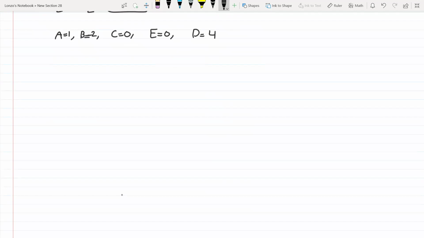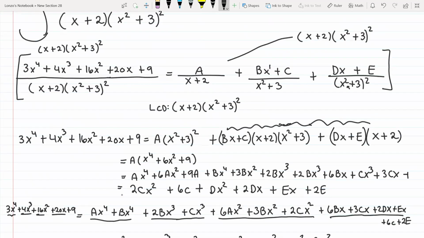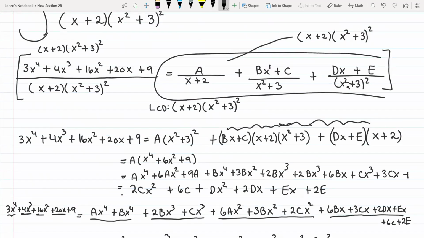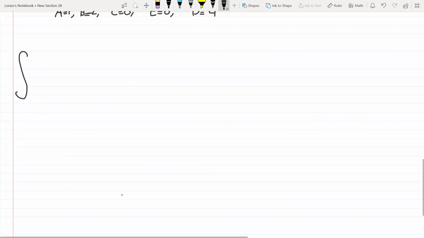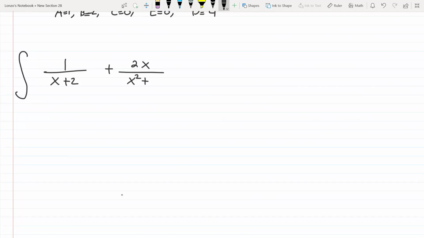So if we set up our integral like here, that would be simplified as 1 over x plus 2, plus 2x over x squared plus 3, plus 4x over x squared plus 3 squared dx.